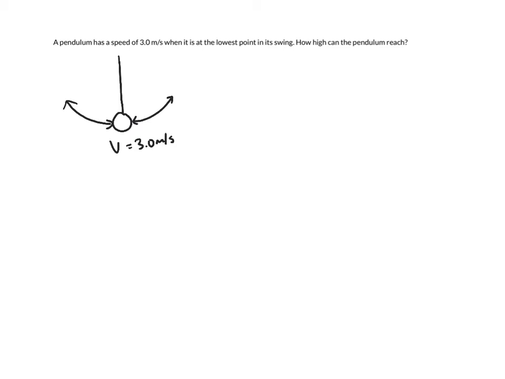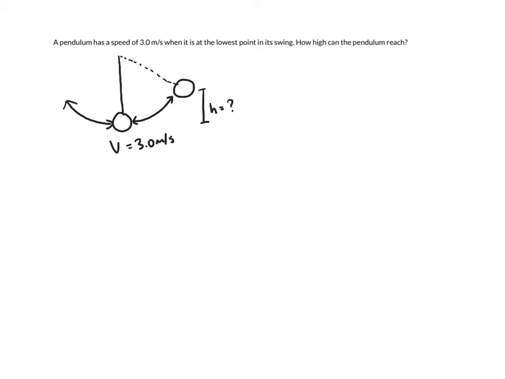So as the pendulum swings back and forth, there's some kind of a maximum height that the pendulum reaches on either side. And we're asked to find how high this is. And I'm assuming they're asking how high it is compared to the lowest point in the pendulum. All right, so that's a diagram there to show what's going on.